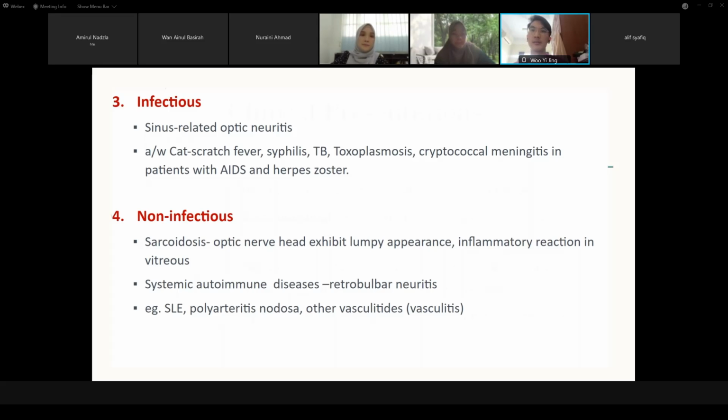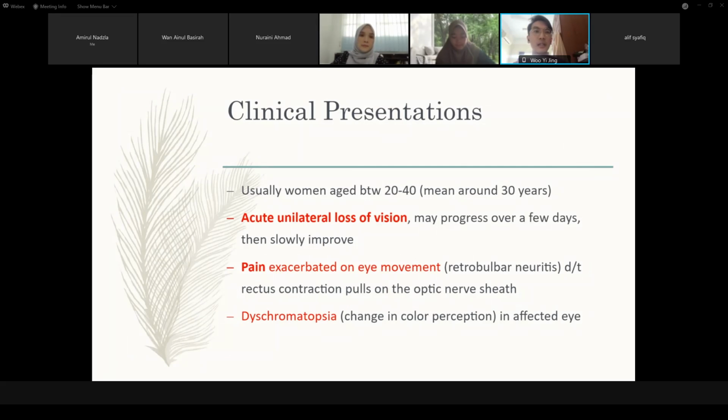Right, next, we move on to clinical presentation. As we have discussed just now, optic neuritis most commonly happens in adults in middle age. Women are at higher risk for optic neuritis, and they will present with acute unilateral loss of vision compared to bilateral, but bilateral can happen also.